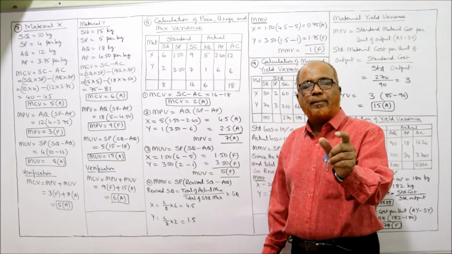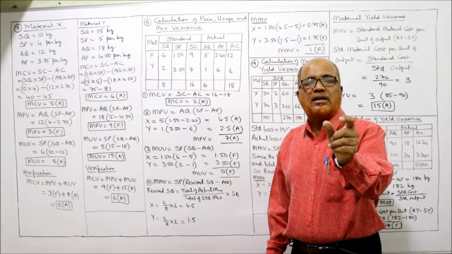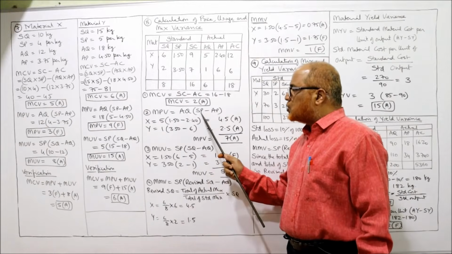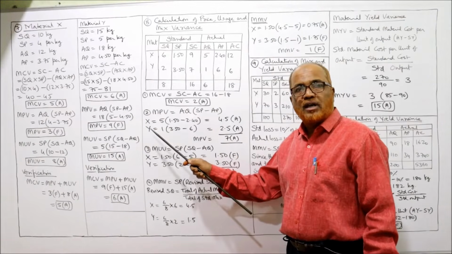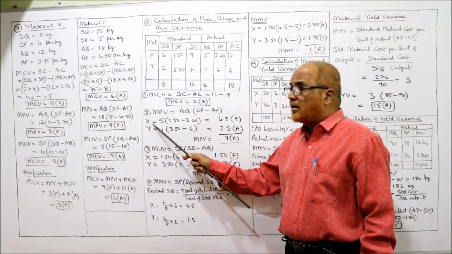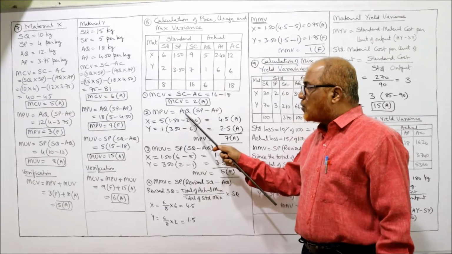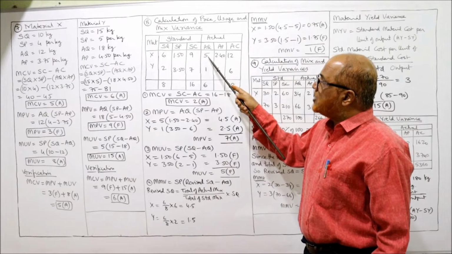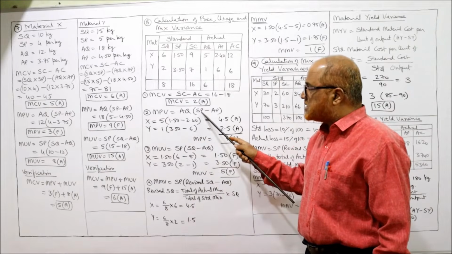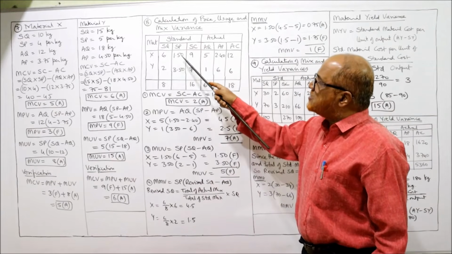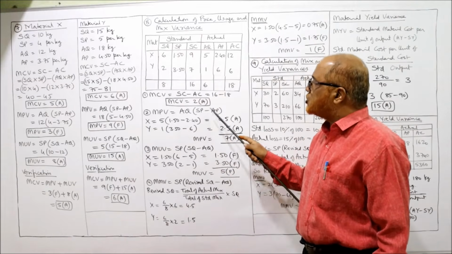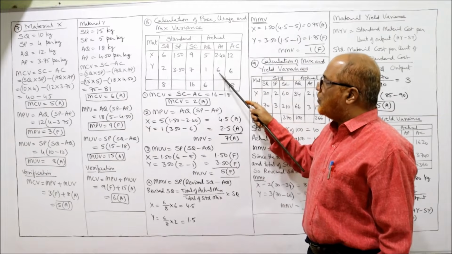The formula for MPV is actual quantity into standard price minus actual price. We will calculate for each material, X and then Y. The actual quantities for X and Y are 5 and 1. In the bracket, the standard prices are 1.5 and 3.5, minus actual prices 2.4 and 6.